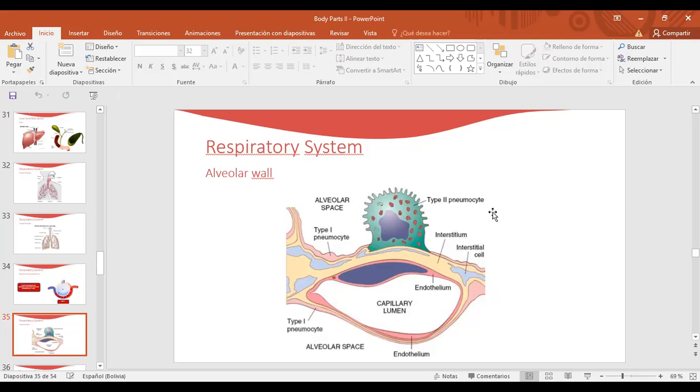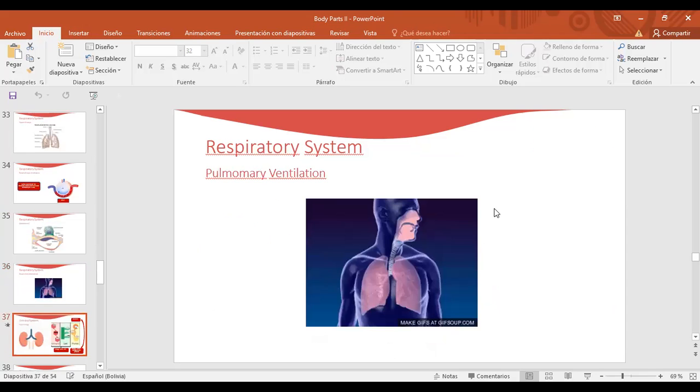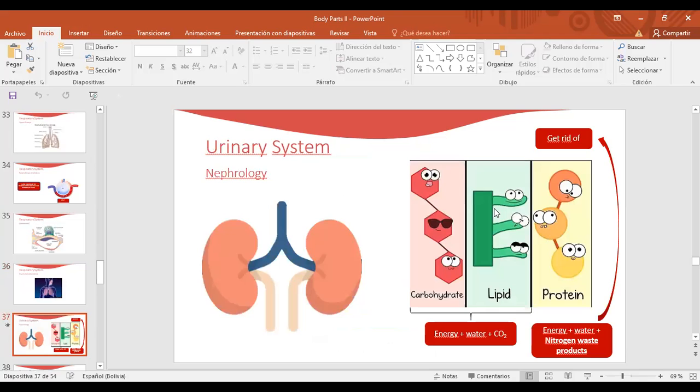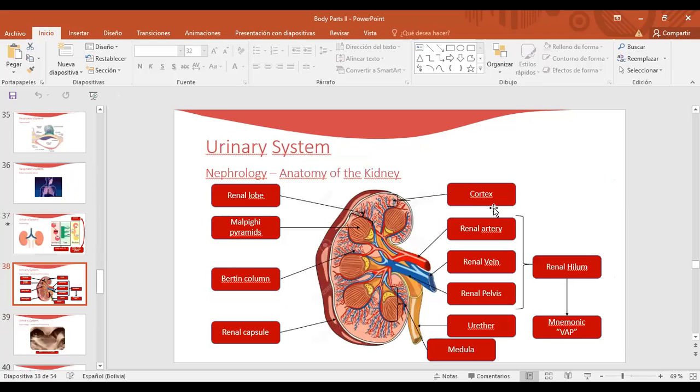How would you read this? Pneumocyte. Great. Yes, correct. Any other word here that you might have some doubts about?